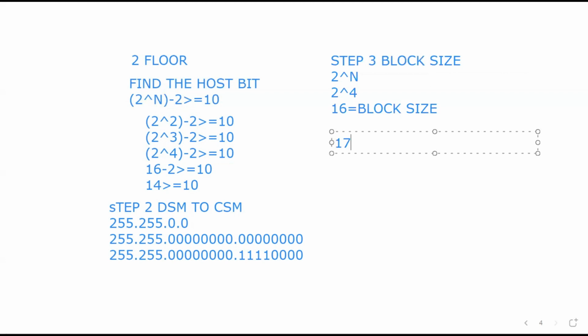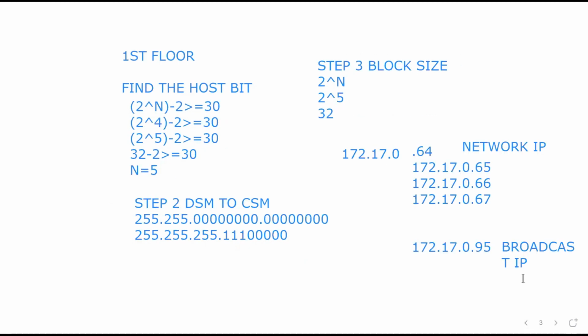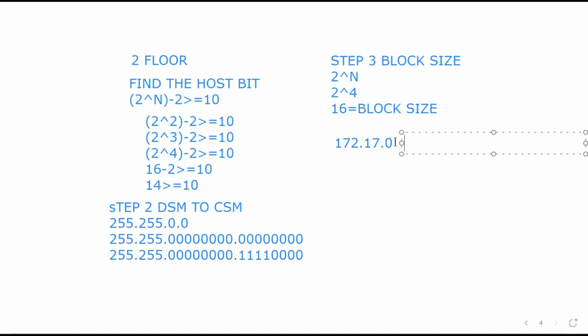So the IPs of the second floor: 172.17.0. The last IP was 95, so here .96 is our network IP.